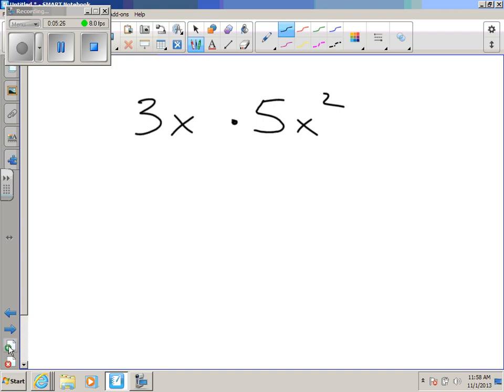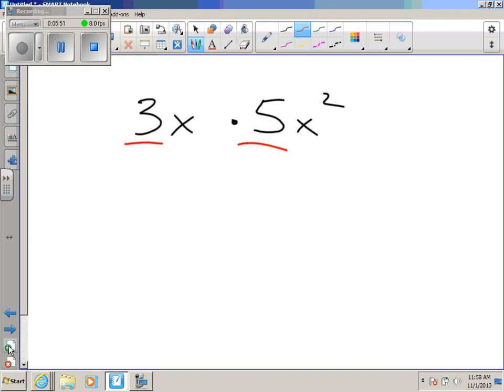We'll use that principle and apply it to a multiplication problem. Just like some of the other things that we did when we used integers with the variables, we kept them separate. We worked through the integer part first, and then worked our way through the variable part. So I have an integer of 3 and an integer of 5, and I'm multiplying.